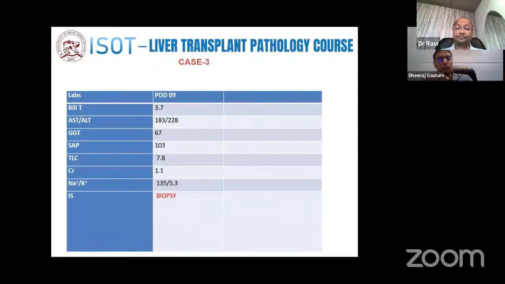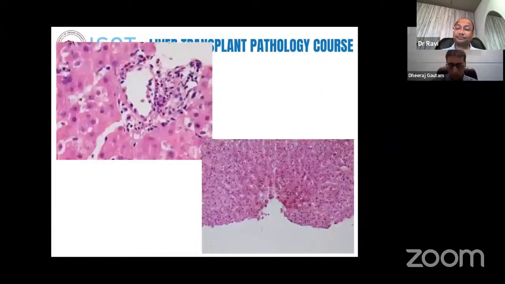The third case: we received the biopsy on POD 9, bilirubin was 3.7, AST, ALT are moderately increased, ALT was more increased, 228, GGT 67, alkaline phosphatase 103, TLC 7.8, creatinine 1.1. In this case, we can see in the first photograph there's an uplifting of the endothelial membrane and a mixed inflammation, predominantly eosinophils.